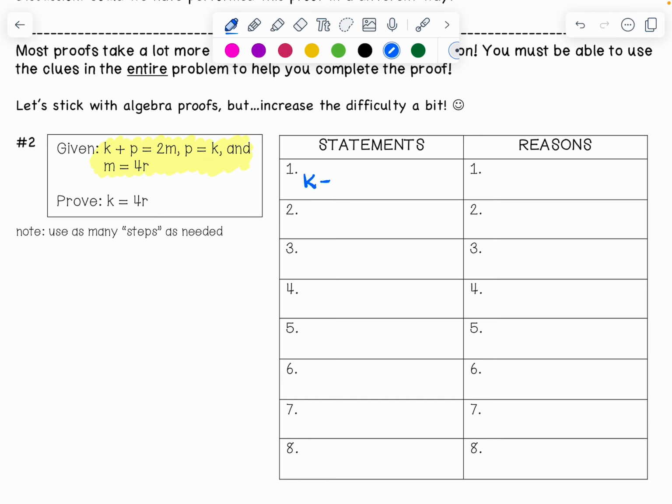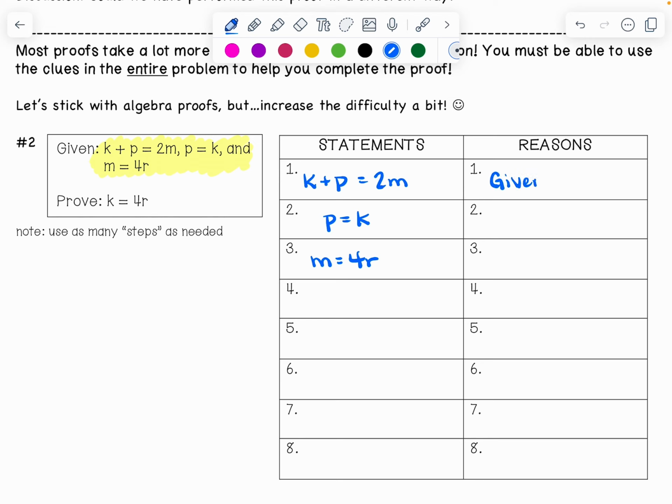I'm going to write them all down while I'm talking, and I'm going to give them each their own line. Now, some people like to use the givens as they need them. Maybe I only want to use the first 2 givens and I don't need the third one until step 5. Some people like to write them all in at the very beginning and just get it over with.